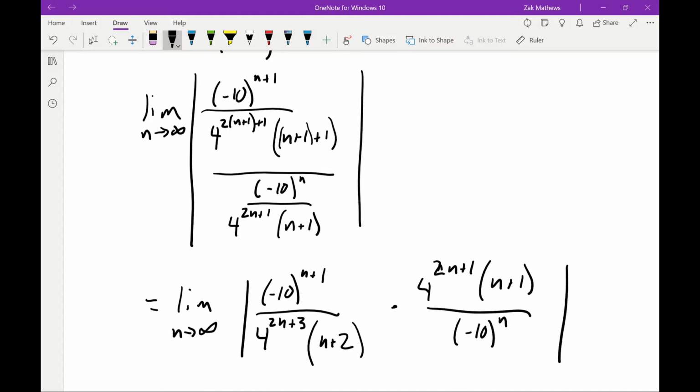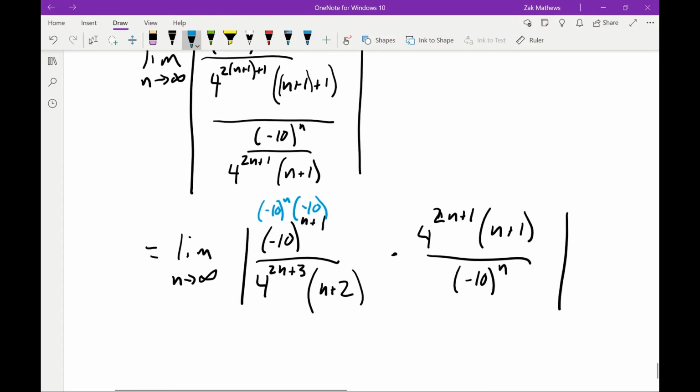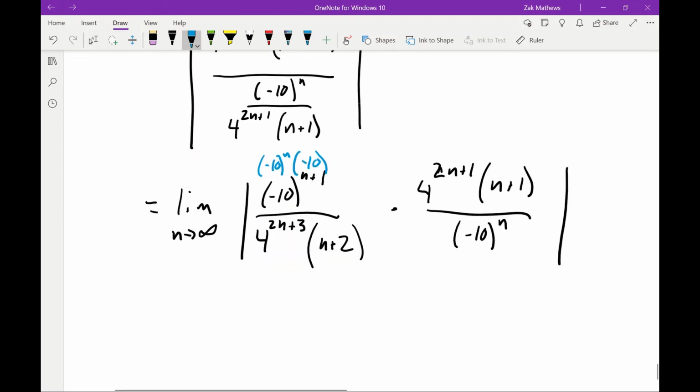So like we did before, let's break these things up. This (negative 10)^(n plus 1) is really (negative 10)^n times negative 10, because remember those exponents, we can break them back apart into the multiplication of like bases. And then the 4, same story, we can write that as 4^(2n). And really I want to compare it to 4^(2n plus 1). That means we had to have a times 4 times 4, or times 16, 4 squared.